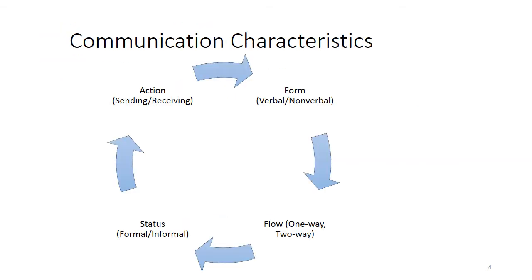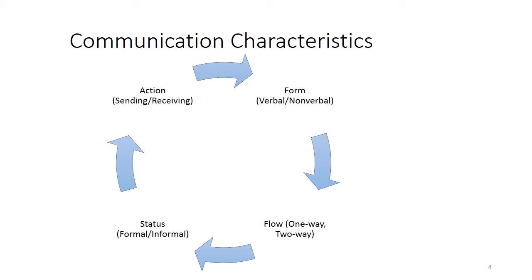There are certain characteristics to all communication. For example, the form, like I said, could be verbal or nonverbal communication. The flow of the communication could be one way or two ways. So if you post something, for example, on a school website, unless there's a feedback loop, that's a one-way communication. Verbal communication with other people tends to be two-way.